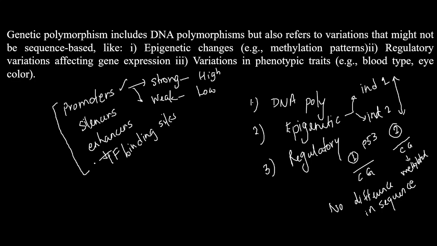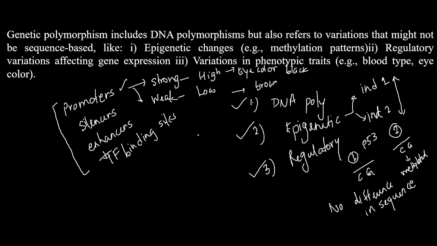And because of this, genetic polymorphism is considered a broader term. It includes DNA polymorphism, epigenetic polymorphism, and regulatory polymorphism, and because of these polymorphisms there is a variation in the phenotypic trait. How? Suppose this particular gene expression is high, maybe the eye color is going to be black. If the expression is less, maybe the eye color is going to be brown, like that. Phenotypic traits could also be different because of this.